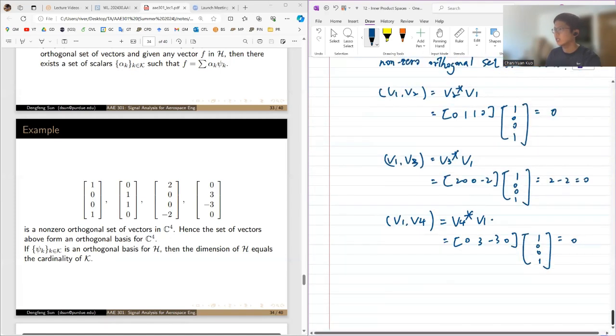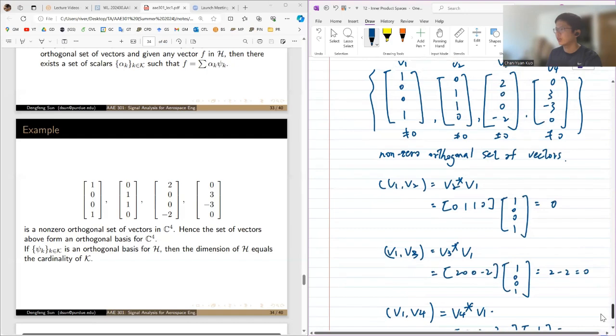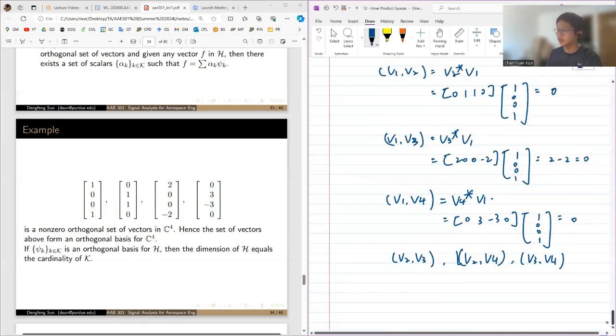You can check the rest by yourself: v2 and v3, v2 and v4, and also v3 and v4. I believe in the end you will see that any two different vectors in this set will be orthogonal to each other.